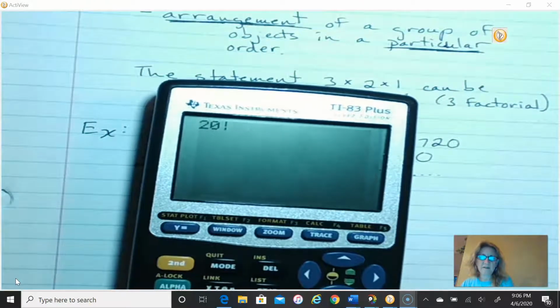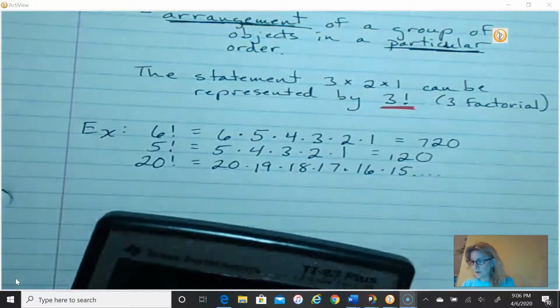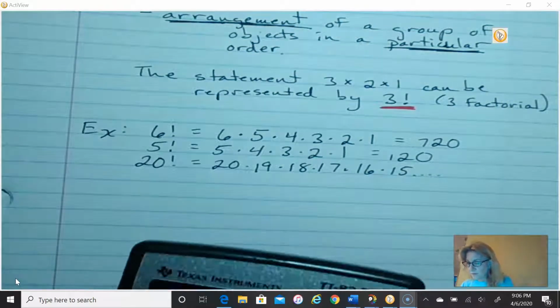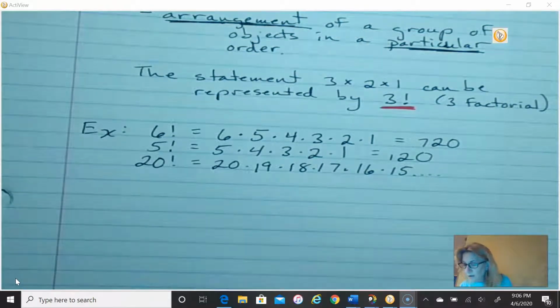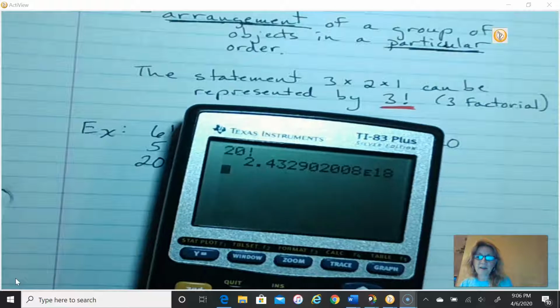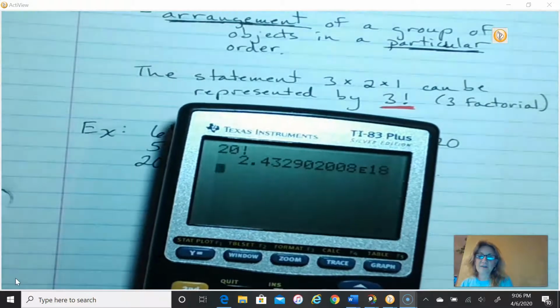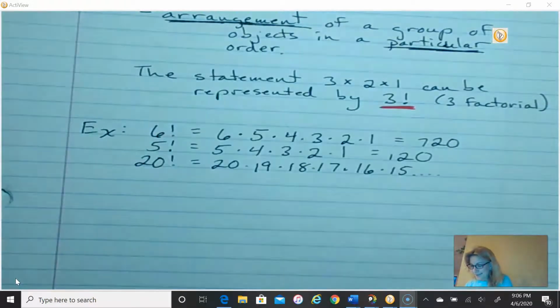Wait, what? That didn't work. Oh, there. I think it worked. Okay, you have to hit enter again. And because it's so huge, it didn't work. Hold on. Now I look stupid. Let me make sure I'm doing this right. Yeah. Okay.